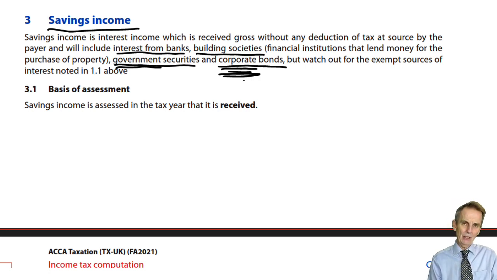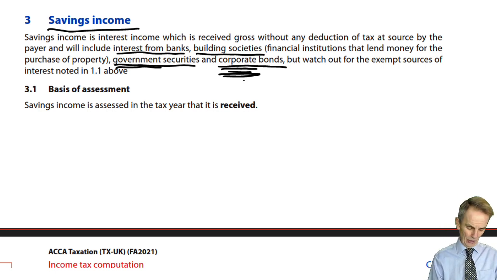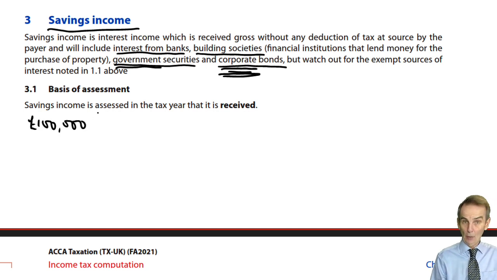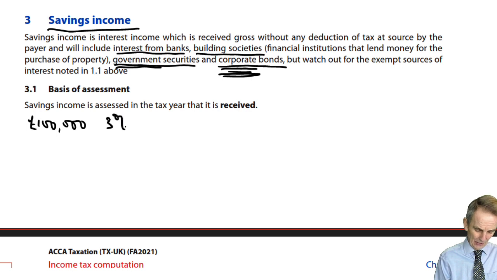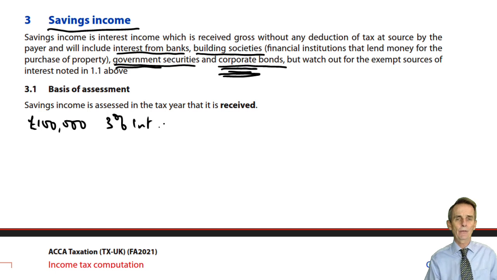The point about these is they're going to be fixed interest, and that interest will be payable at a certain point in time. So, for example, if a taxpayer owned £100,000 nominal value of government securities, and they are 3% interest, £100,000 of government securities that pay out 3% interest per annum.